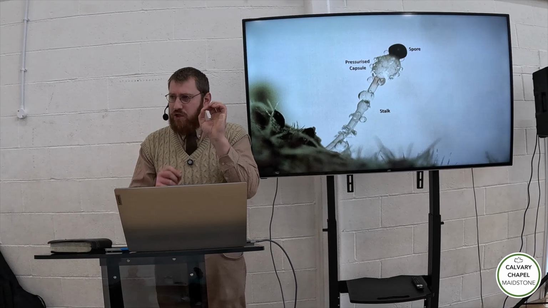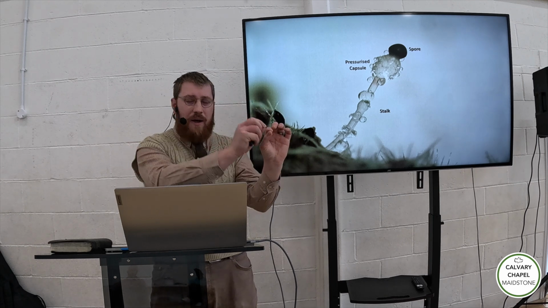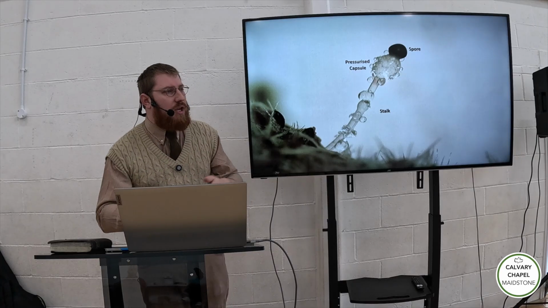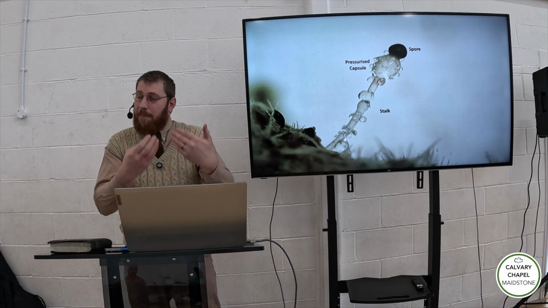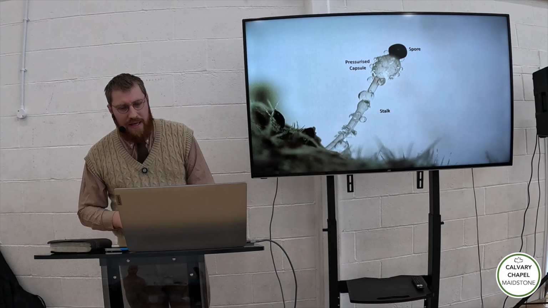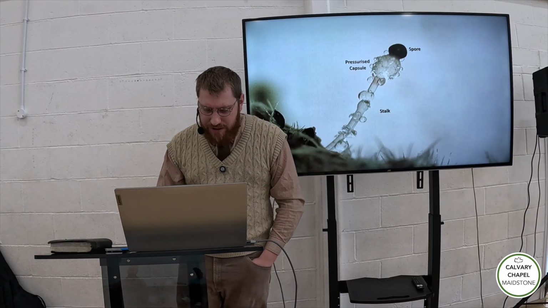And so that little spore has got to find its way from sitting on top of the pile of manure over to a fresh blade of grass so that it can be eaten by the horse, not fully digested, but pass through the digestive system of the horse and be deposited with this lovely pile of fertilizer so it can grow. So how does it do this?